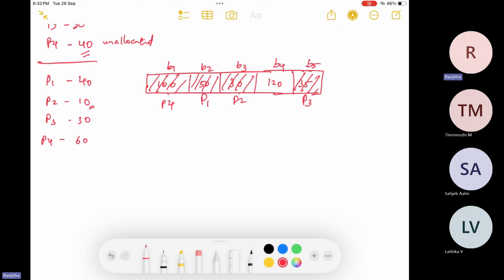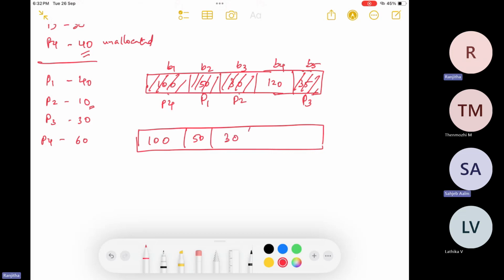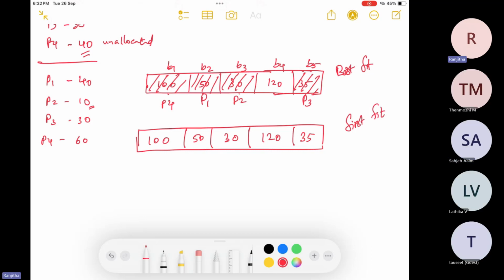Now if we try the same blocks for first fit: 100, 50, 30, 120, and 35. P1 will come and occupy 100.